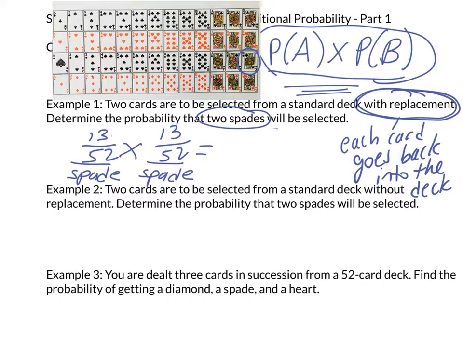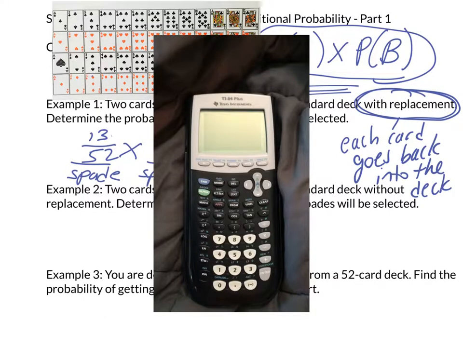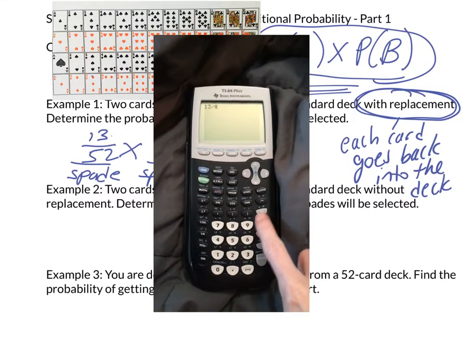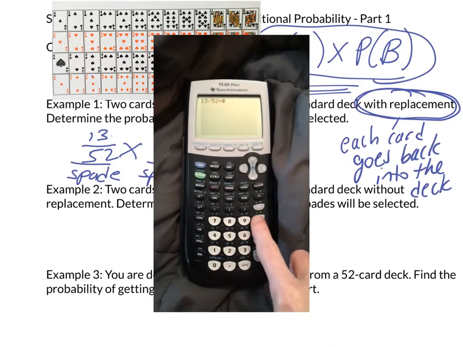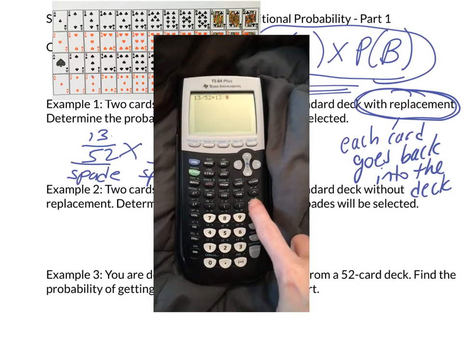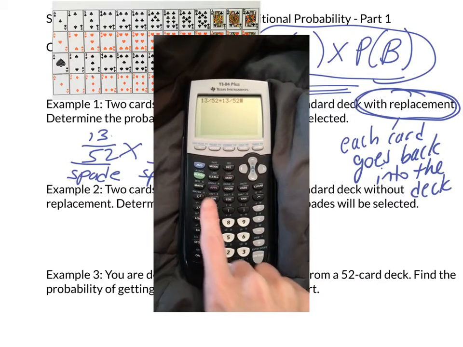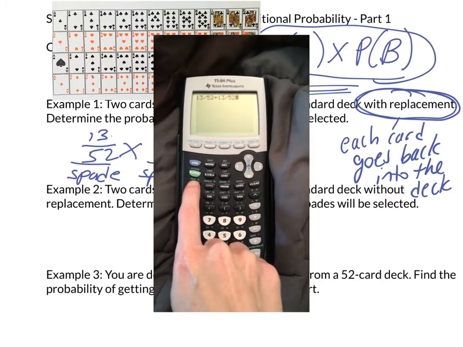I'm just going to type in 13 over 52 times 13 over 52, and I'm going to reduce it all in the calculator. So typing this in, we had 13 divided by 52 times 13 divided by 52. We're going to use our favorite button for this chapter, the math button.